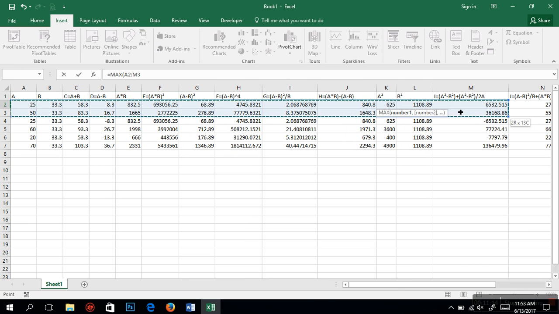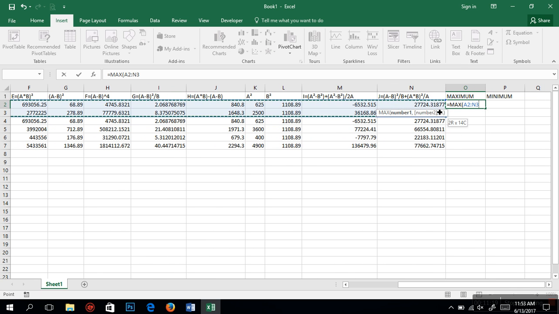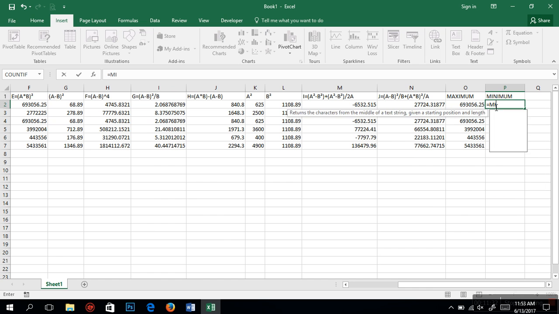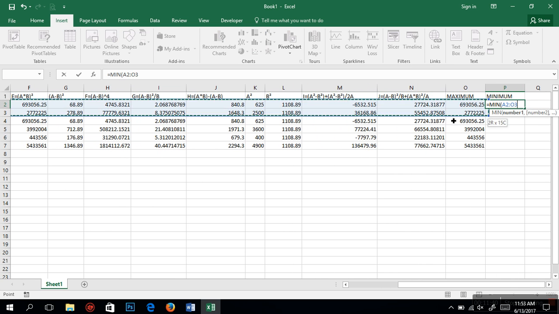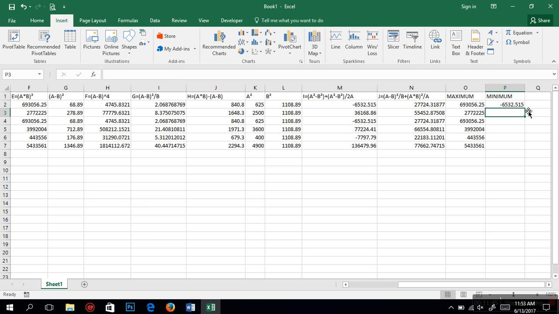Every one of them are reactions, so highlight everything to the end. Click enter. So we've gotten the maximum as the highest number. Also for the minimum equal to MIN. Click on that, highlight them, click enter, we get the minimum.